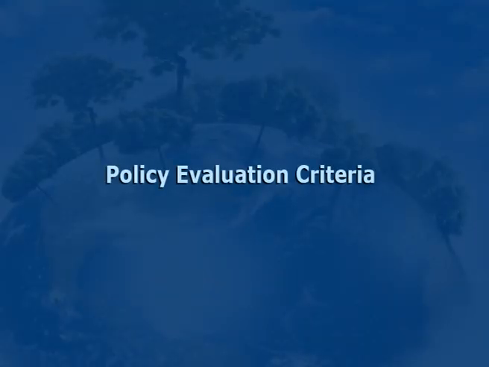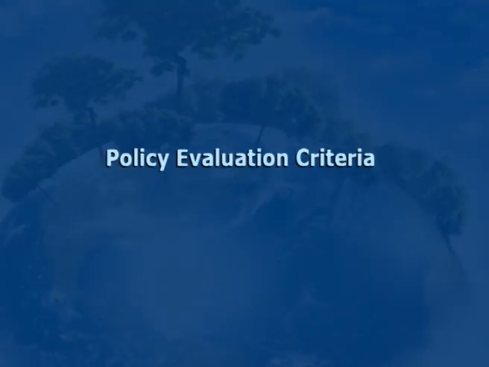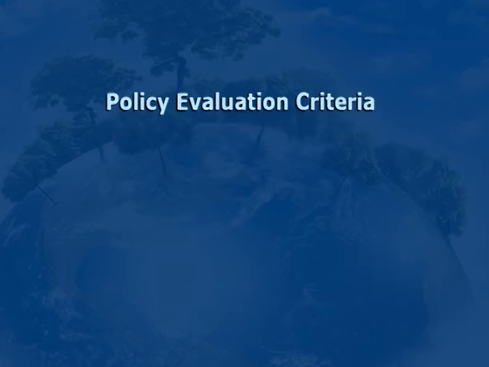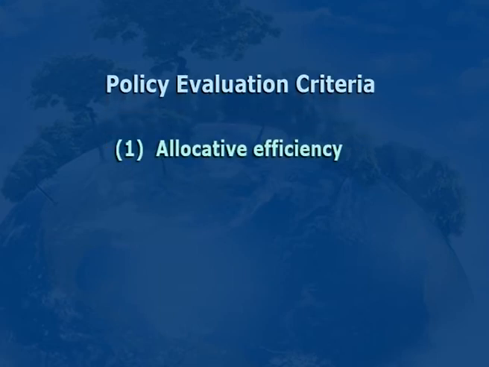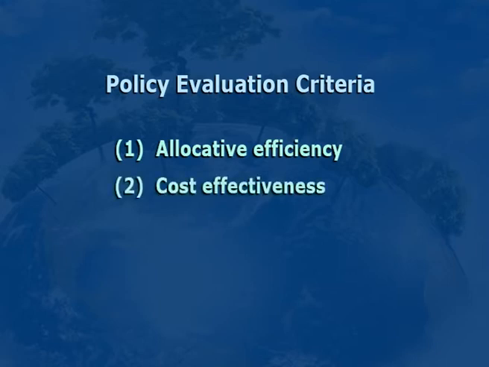Policy evaluation criteria. There are three policy evaluation criteria, namely number 1, allocative efficiency, number 2, cost effectiveness, and number 3, environmental justice. The allocative efficiency criterion requires that resources be appropriated such that the marginal benefits to society are equal to the marginal cost.